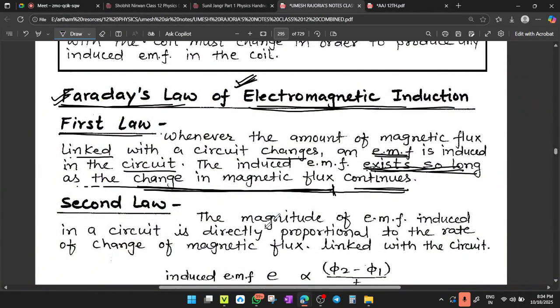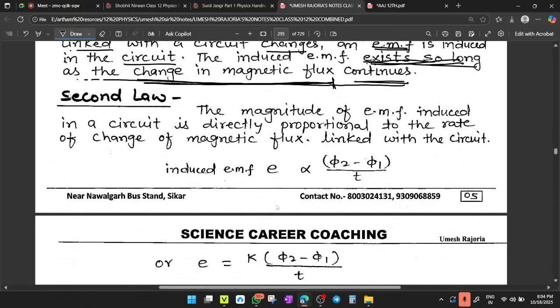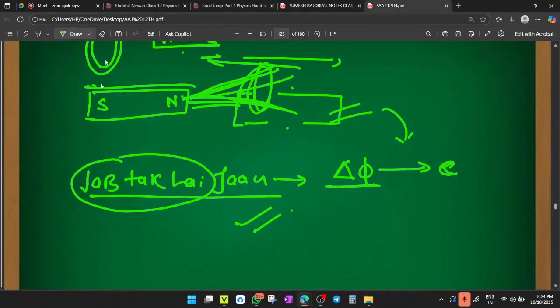Okay. Second law, as I said: the produced EMF is directly proportional to the rate of change of flux. Right, beta? Yes, E is proportional to delta phi by delta t.